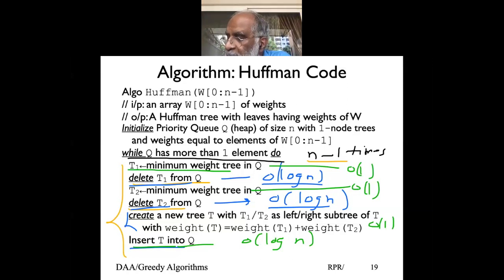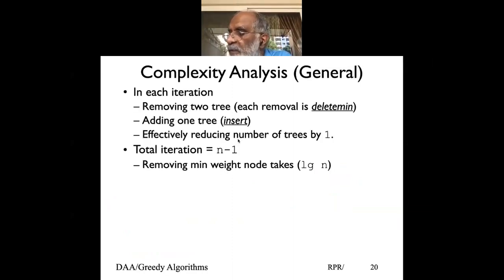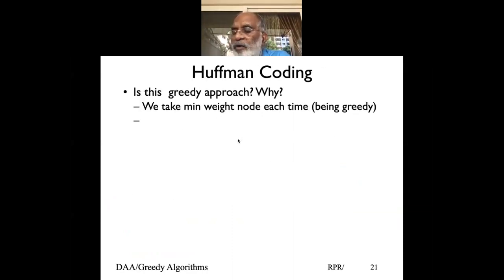And since these operations are done n times, my total time complexity is n log n for the Huffman tree.